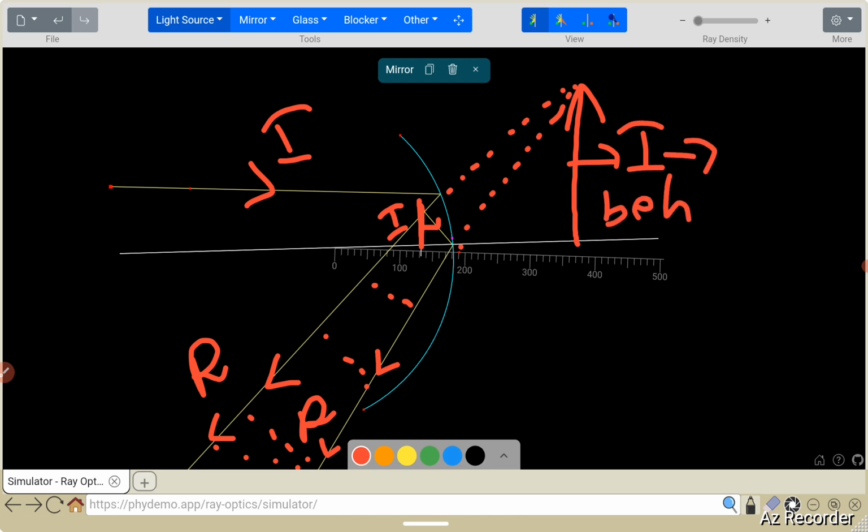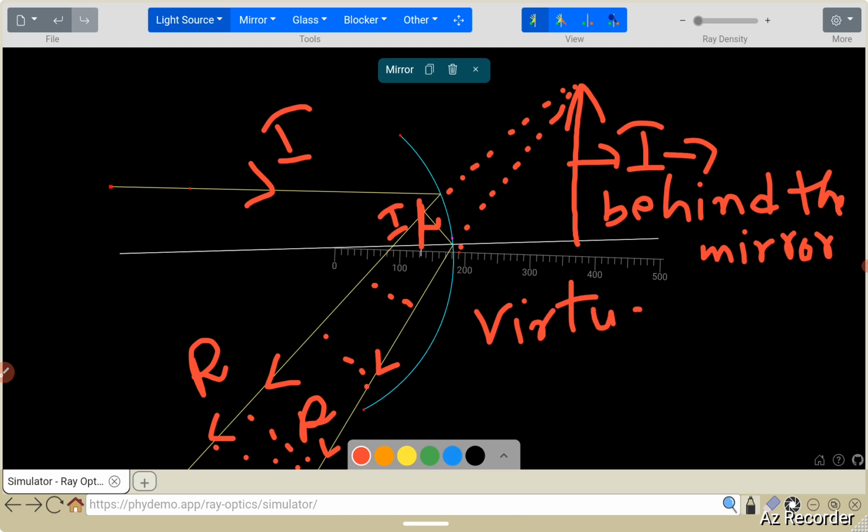Behind the mirror, correct? And how is the image formed? It is formed due to the extension of reflected rays. So this image is called a virtual image. What is this called? Virtual image. Then these virtual images will not be taken on a screen and they will always be erect.